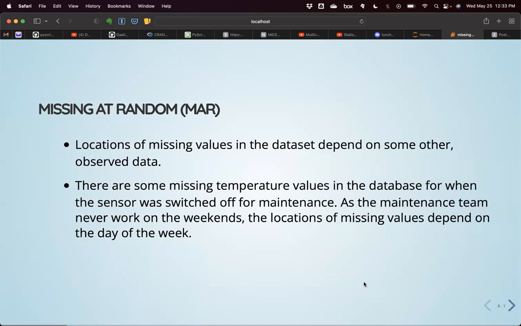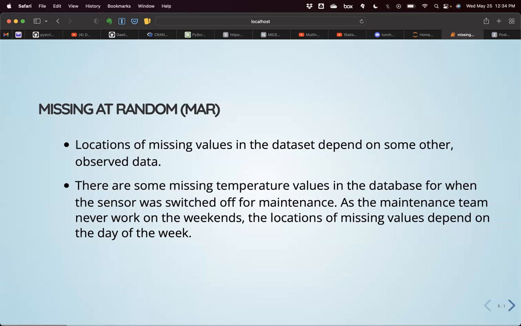Then, what is the next one? Missing at random. This one is when some of the missing values in your data set depend, and that's the key word, depend on some other observed data. Let's say you have temperature readings missing, but then you notice a pattern in the days that the missing values occur. You have a temperature feature, and then you have a date, or even an hour within that date.